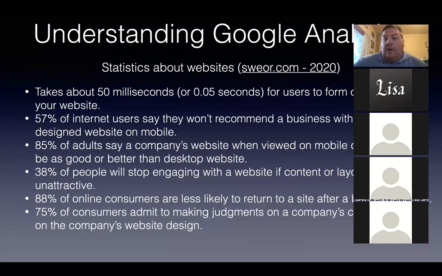Because think about how often people are now on smartphones or tablets and not using desktops. And there are analytics available that show how people are viewing, what tools they're using to visit your website. Are they on a desktop? Are they on a smartphone? Or are they on a tablet? I'll show those later on.